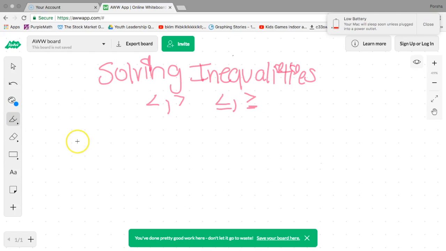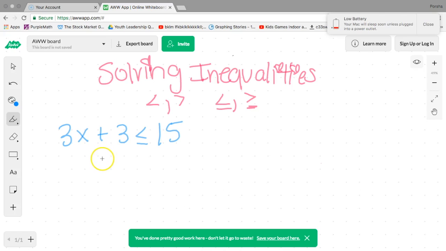Alright, so the first example that we're going to work on today is 3x plus 3 is less than or equal to 15. Like previously mentioned, you solve this as if you were solving an equation.